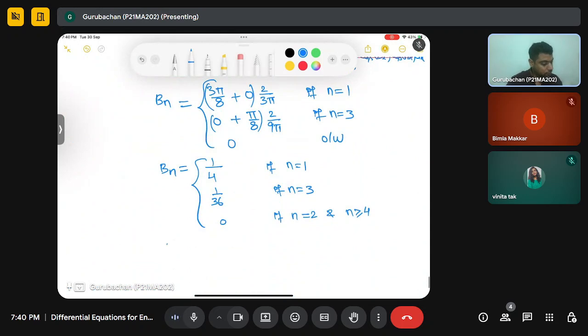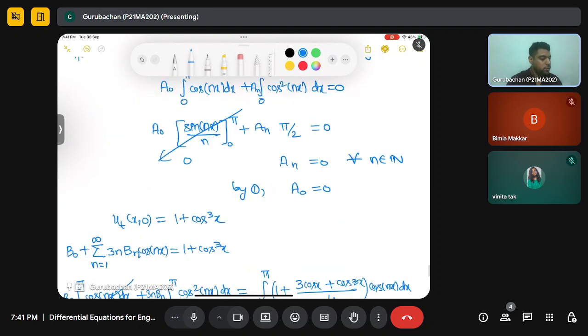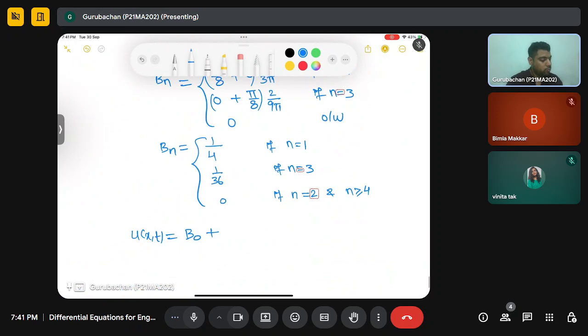So let me first write u(x,t), then maybe you will get to know. u(x,t) will be b naught plus summation n from 1 to infinity bn cos nx sin 3nt, it was.